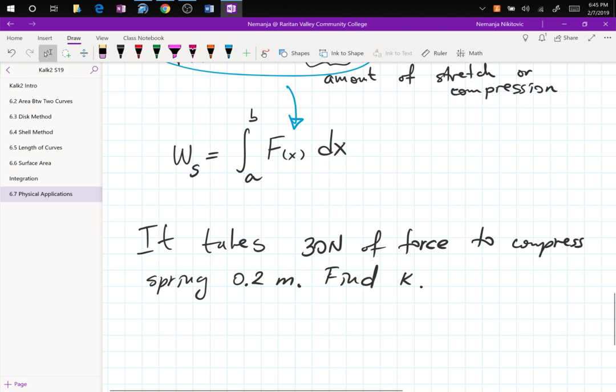Well, we know that the force is equal to negative spring constant times delta x, so 30 equals negative k times 0.2.